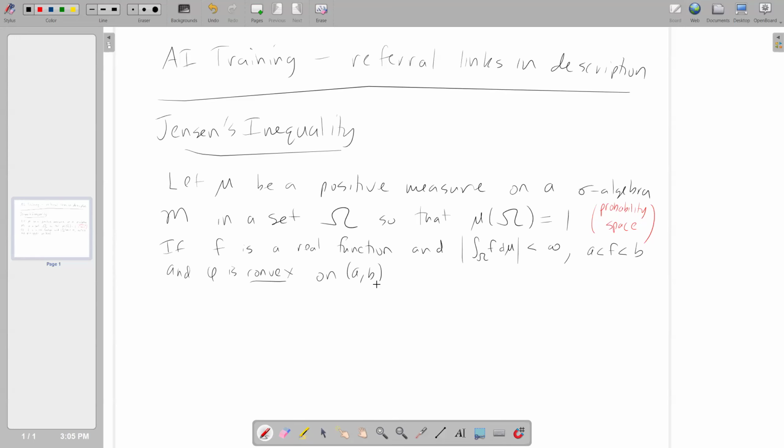Actually, incidentally, I don't really need to assume that f's integral is finite.